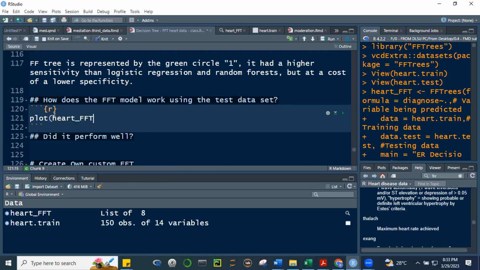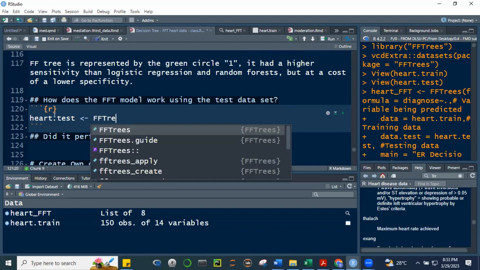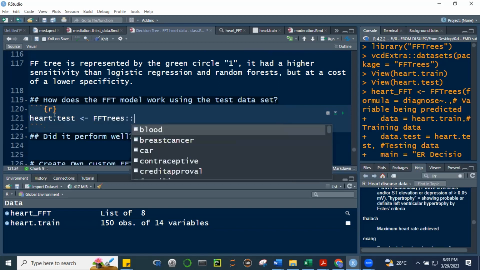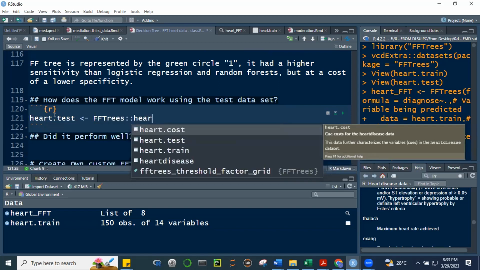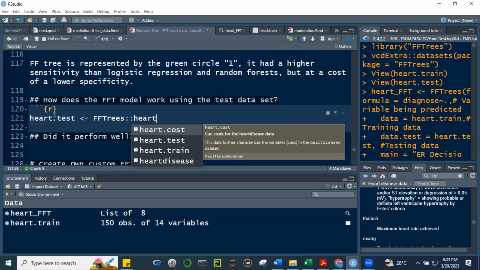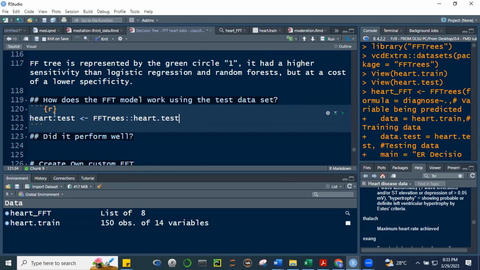But before we do this, let's look at the data first. So heart dot testing data, FFTs, and then heart dot test. Okay, let's load heart dot test.